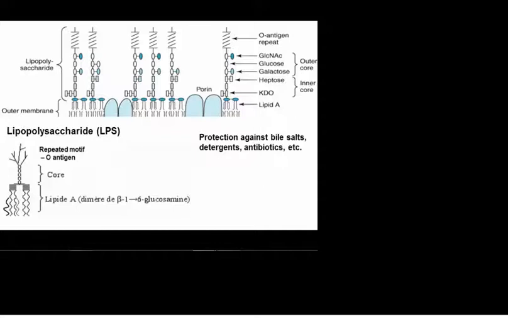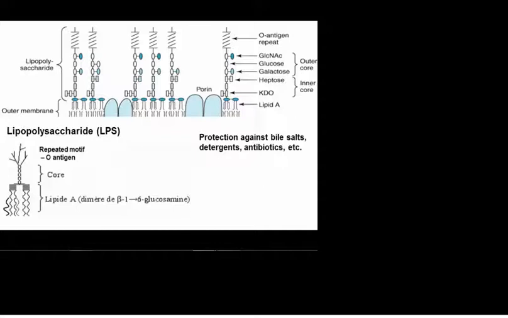So it's chemical protection. Also, gram-negative bacteria that live in the gut, to colonize the gut, have to pass through the stomach and the small intestine, and they have to resist the enzymes and the chemical conditions of digestion. So LPS will protect the membrane from being disrupted by bile salts, which are normally involved in digestion of fat, right? Okay, so that's how gram-negative bacteria can not be digested.